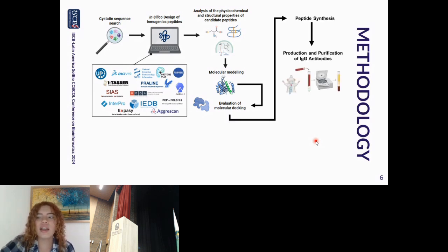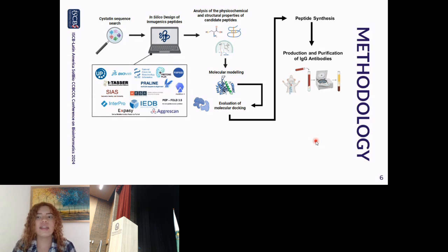When it came to the experimental part, we used the services of the company Select Chemicals for the synthesis of the peptides. They used the solid phase synthesis method, and with this synthetic peptide, we immunized Wistar rats. The goal was to generate specific anti-cystatin IgG polyclonal antibodies.